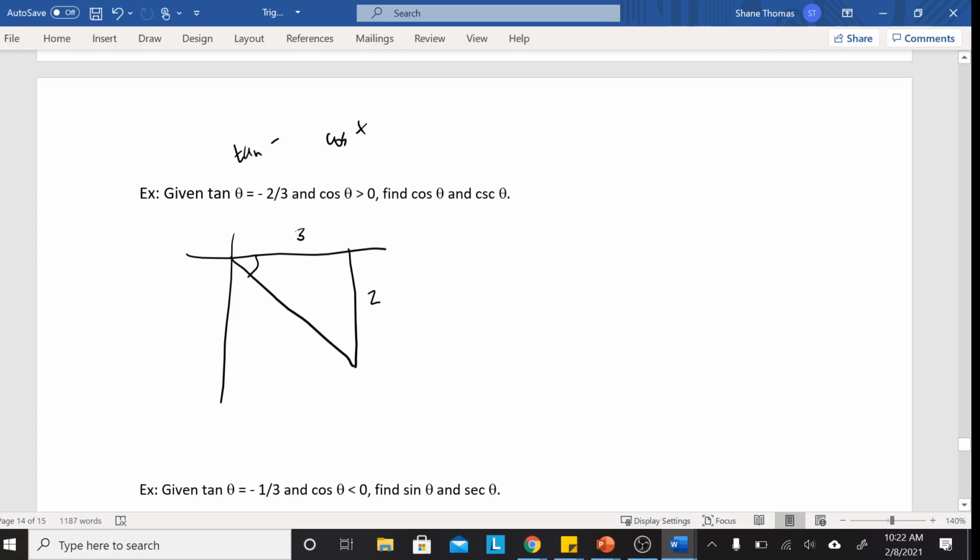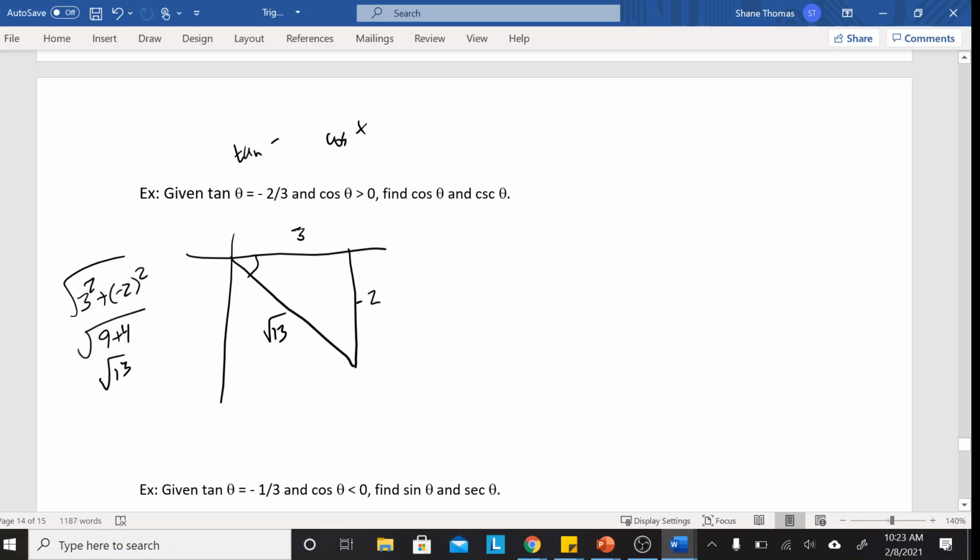I have a negative 2/3. This side would be the negative because it's below the axis. So I have 2 of my 3 sides so far. Now I just need to figure out what my r side is. I have 3 squared plus negative 2 squared, the square root of that whole thing. So the square root of 9 plus 4 is the square root of 13. That's going to give me my hypotenuse.